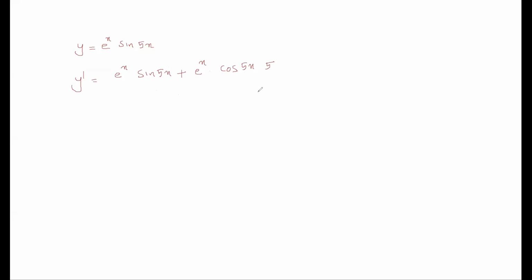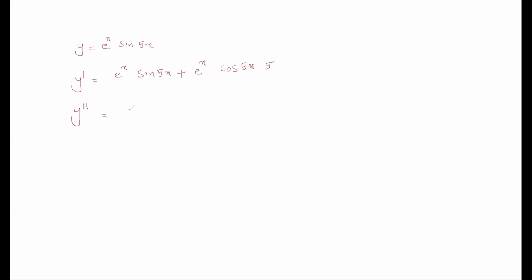Now second derivative. So you can see that it is a sum of two functions. So derivative of a sum is a sum of the derivatives. So first term, again the product of two functions, you have to apply the product rule.